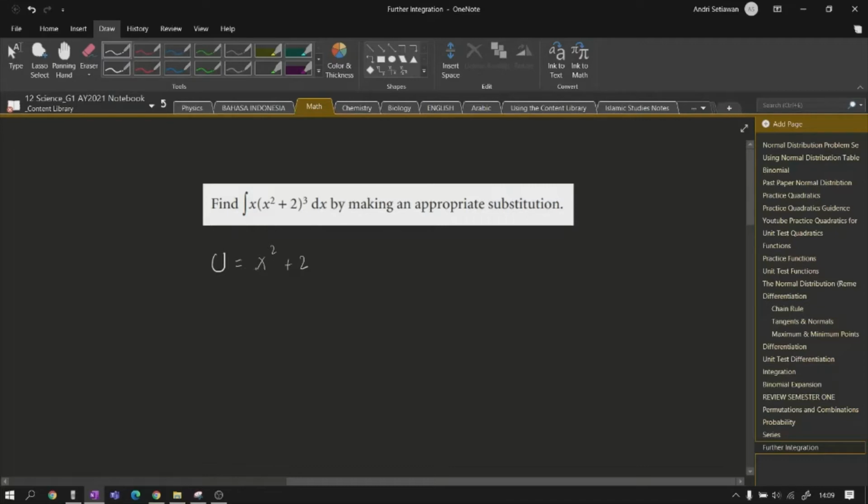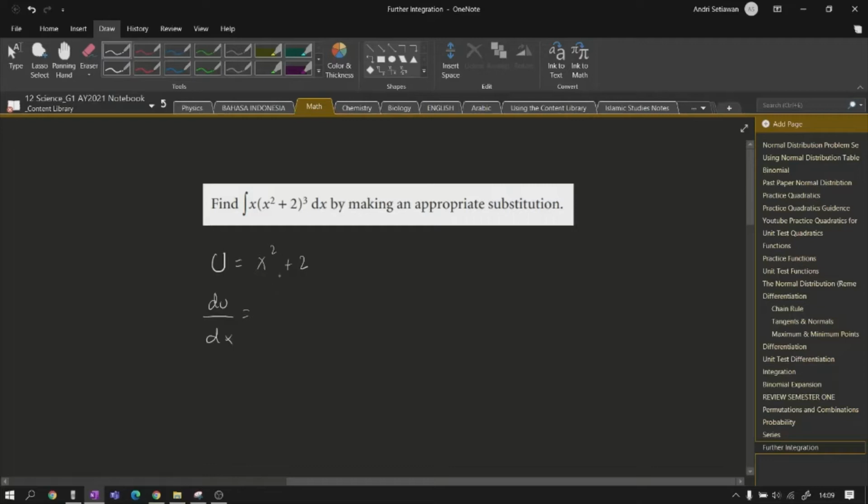After we make x squared plus 2 equal to u, we can take the first derivative of u. So we get du over dx. It means we will differentiate u with respect to variable x.